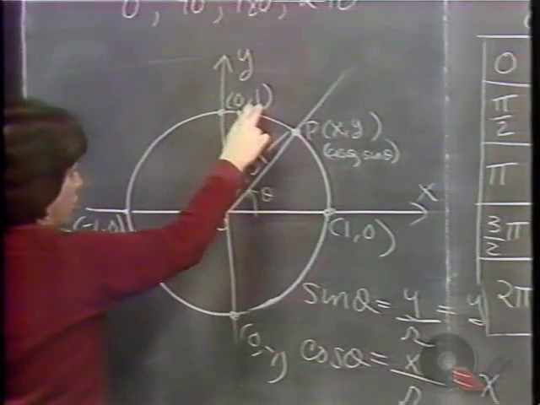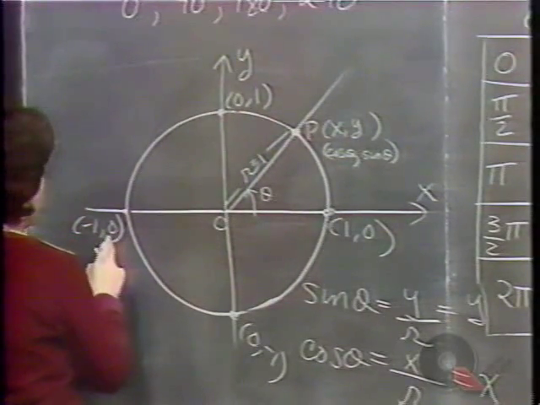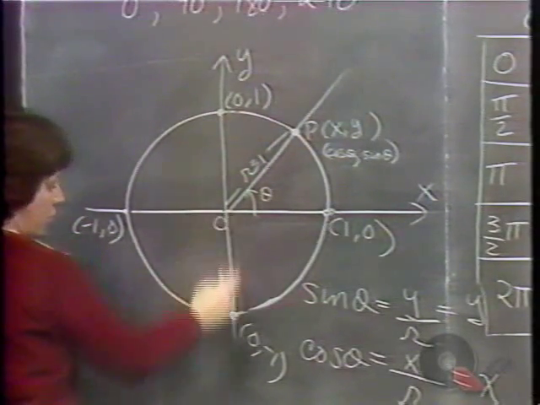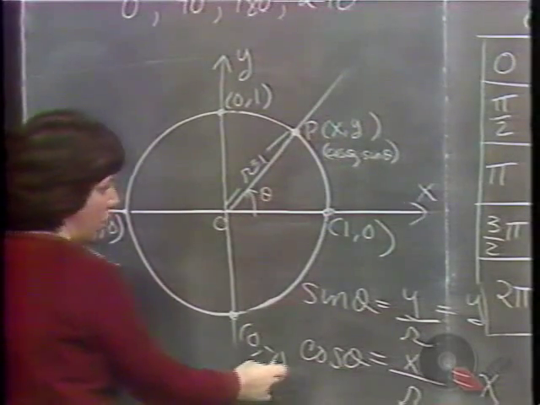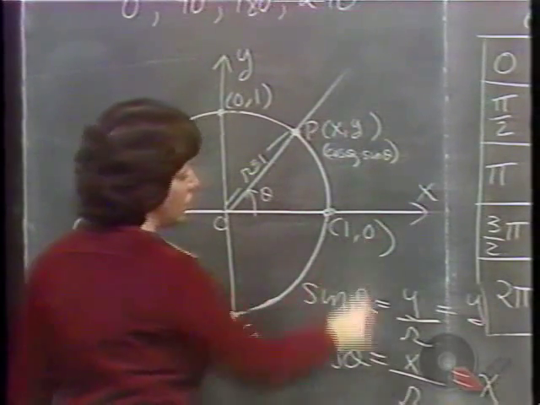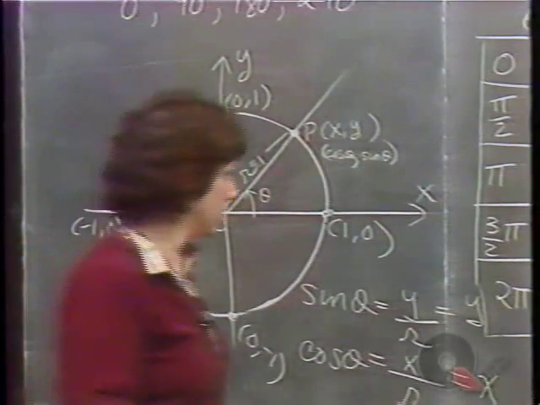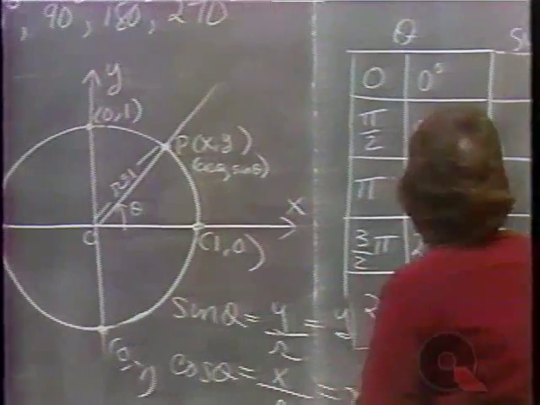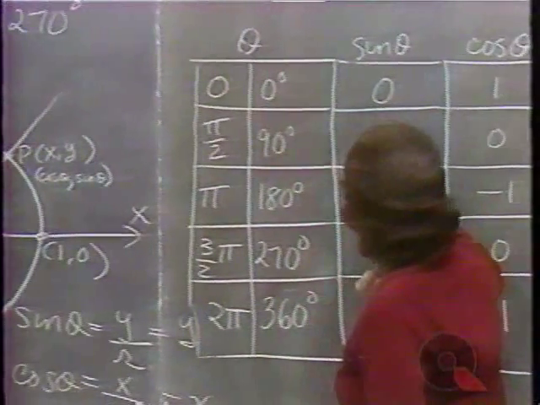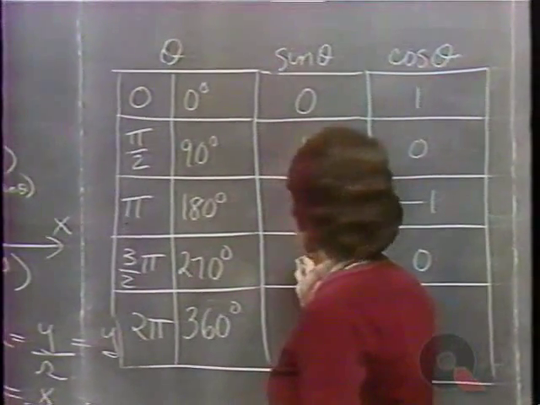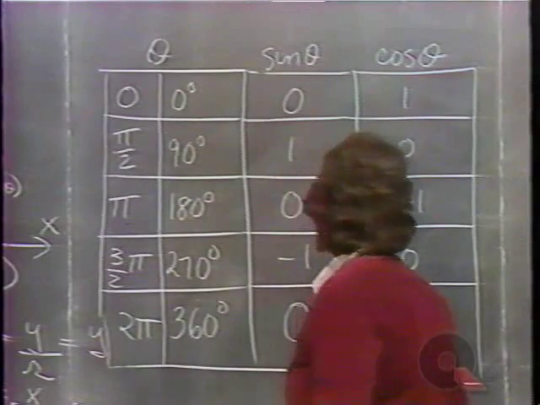At 90 degrees, the sine is 1. For 180 degrees, the sine is 0. For 270 degrees, the sine is -1. For 360 degrees, the sine is once again 0. Remember, we're taking the y-coordinates for the sines. And we get 0, 1, 0, -1, and 0.